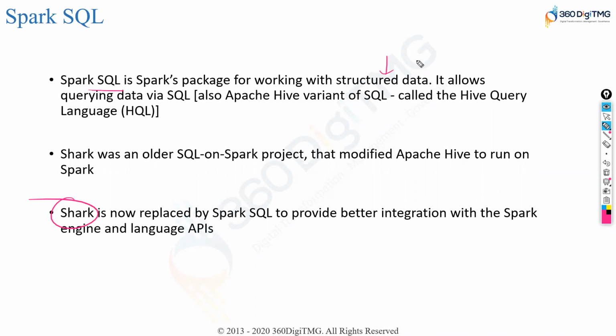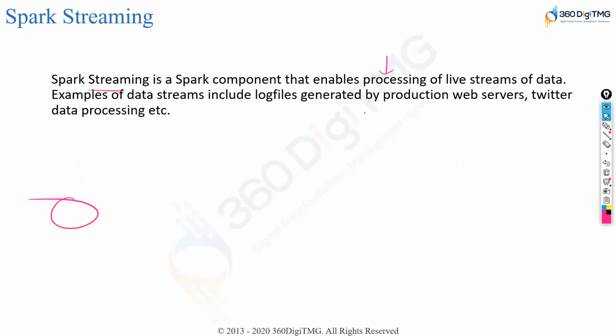Spark SQL has the capability of both SQL queries as well as HQL queries, right? So it's a combination of both Hive's query language and SQL, structured query language. So if you want to work with structured data, go with Spark SQL.